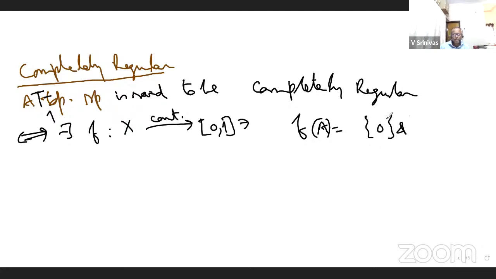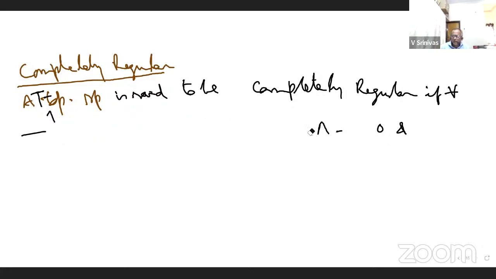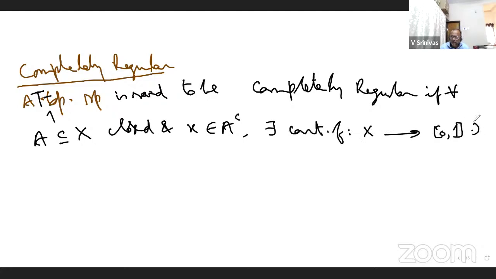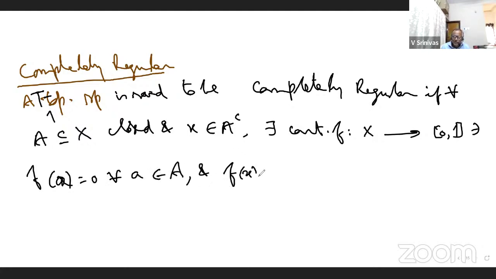A T1 topological space is said to be completely regular if for every capital A contained in X closed and a small x coming from the complement, there exists a continuous f from X into the closed interval 0, 1 such that f of a is 0 for all a belonging to capital A and f of x is equal to 1.